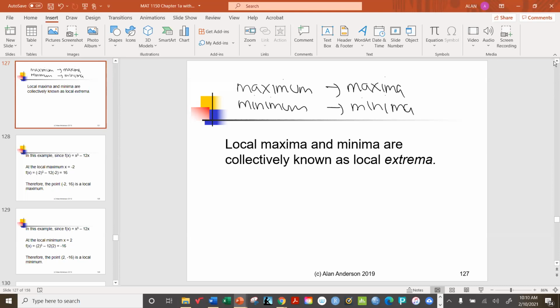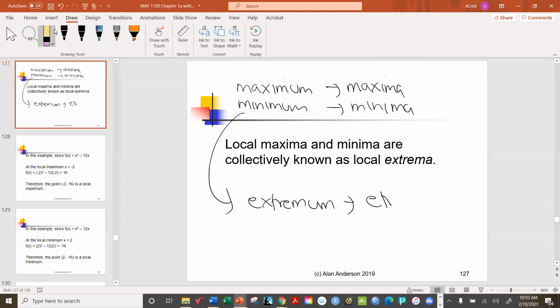And both of these are collectively known as extrema. So we have extremum becomes extrema, meaning that it could be either a maximum or a minimum. So extrema could be either. Okay, just want to point that out. But this word extrema means it could be either a maxima or a minima.